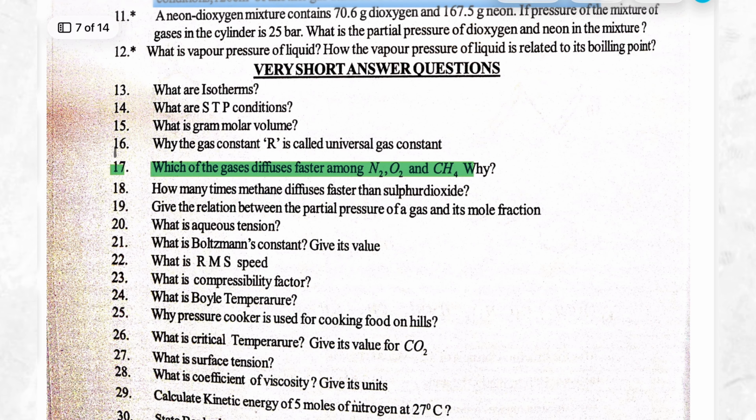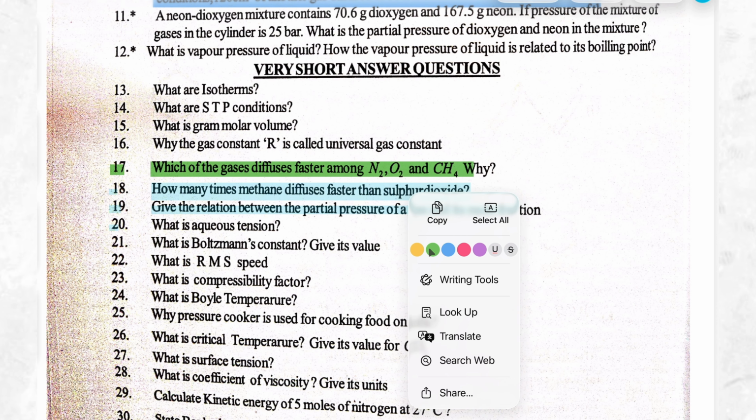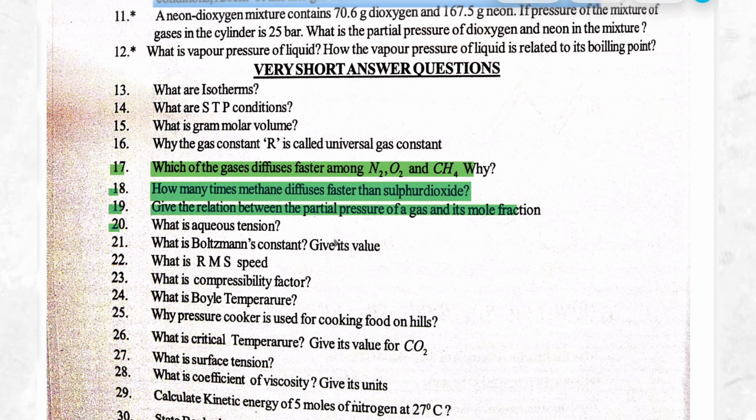And 18 is also a most important question. Don't forget this. Okay, clear, student? Next one, 21 is also important. 21 is also a very important question. Don't forget this. What is the Boltzmann constant?